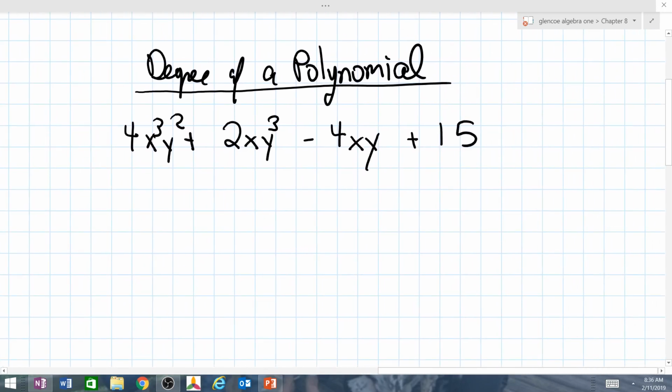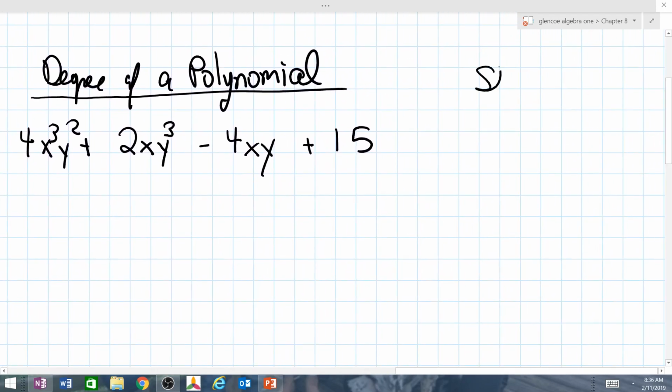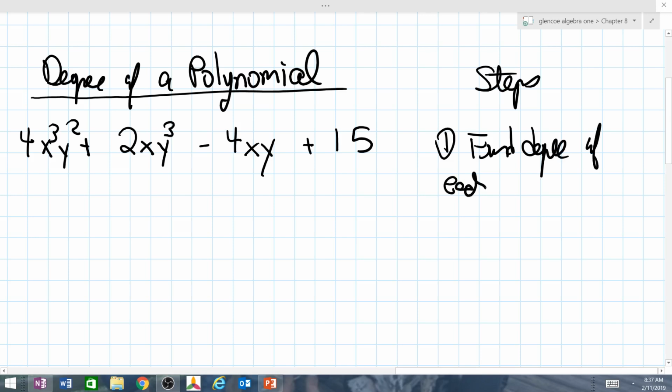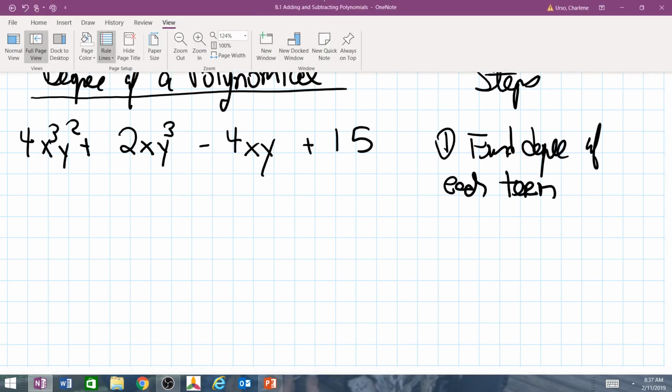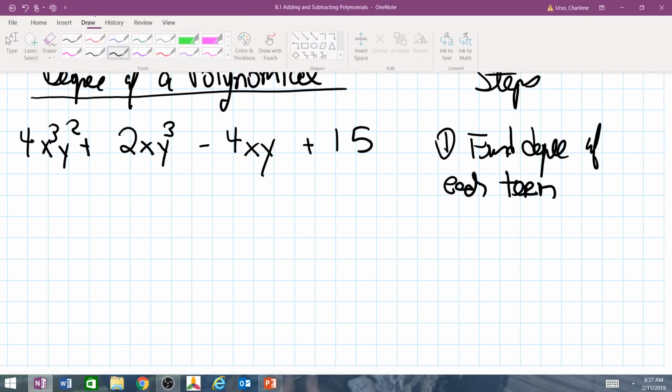So to find the degree of a polynomial, step number 1, find the degree of each term. Okay, so let's find the degree of each term. And what I basically do is I just go ahead and I just write it right underneath.